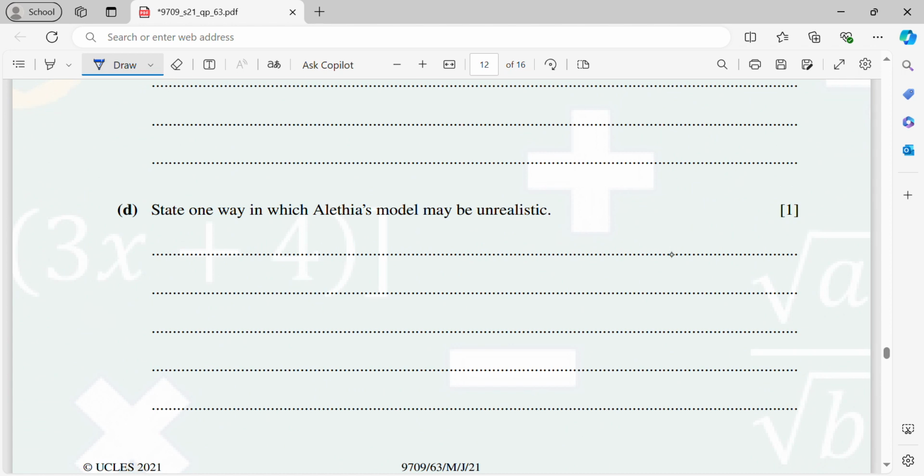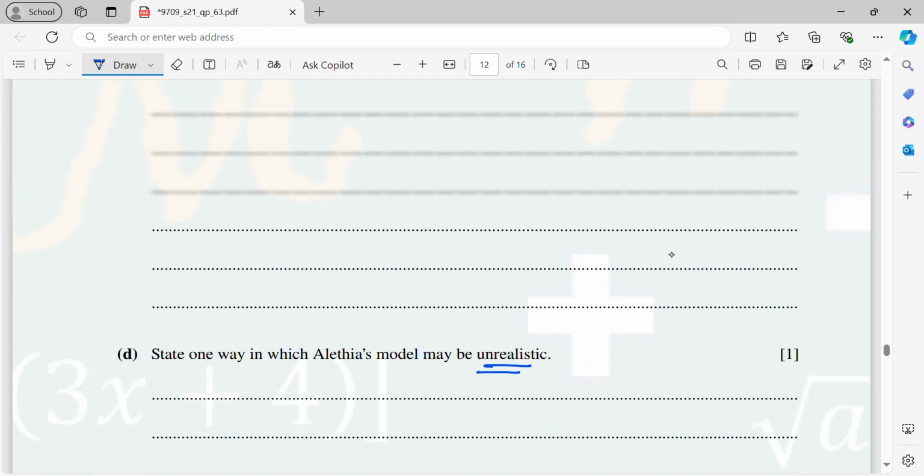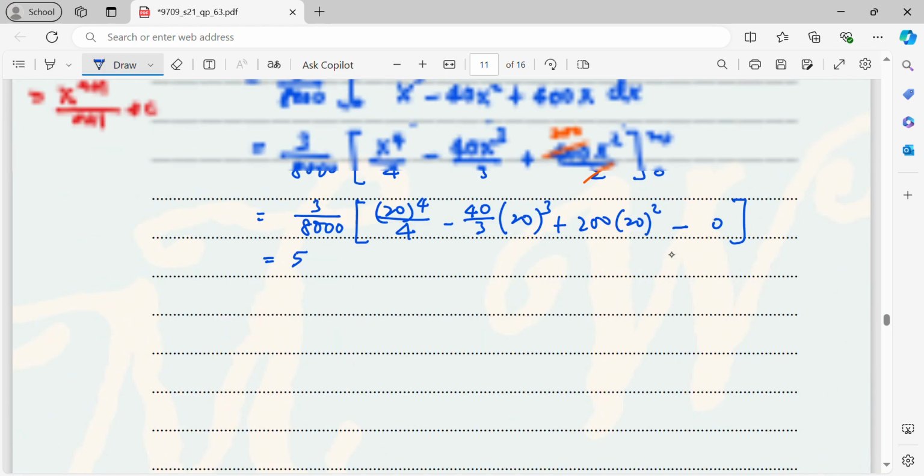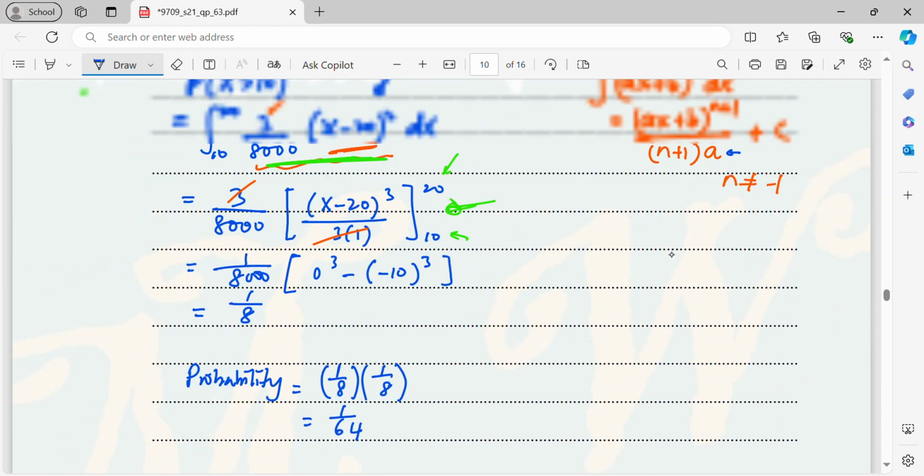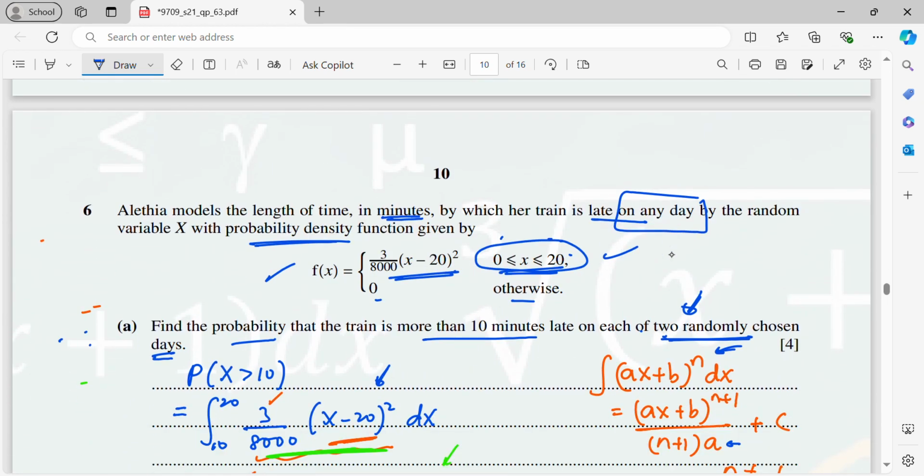Now state one way in which Aletheia's model may be unrealistic. Okay, so from here, look at the original question first. Okay, now Aletheia models the length of time in minutes for the train to be late, right? By which her train is late. So this is a function for a train to be late, right?